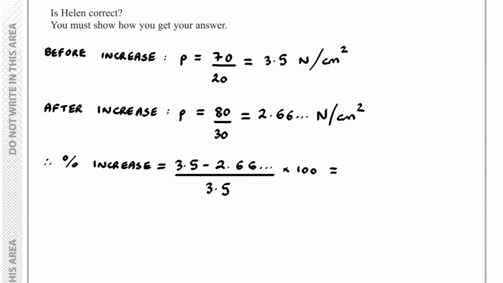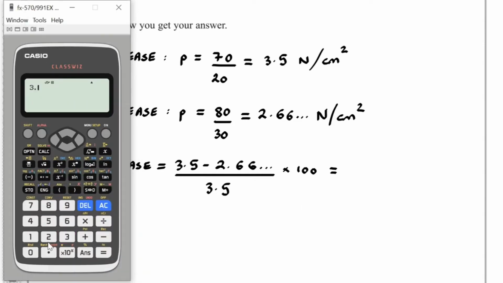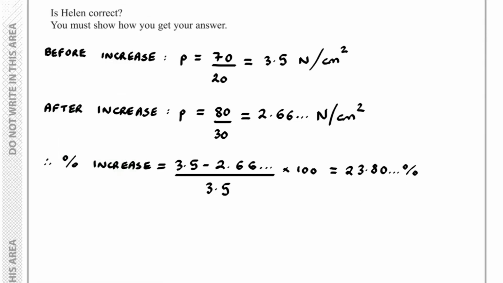And so if we work this out, it turns out we get 23.80, etc. %. And this is indeed greater than the 20% which was mentioned earlier, and therefore Helen is incorrect.